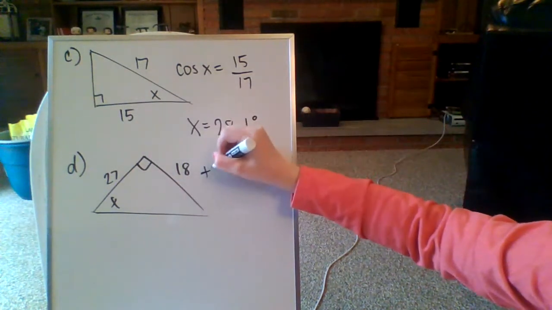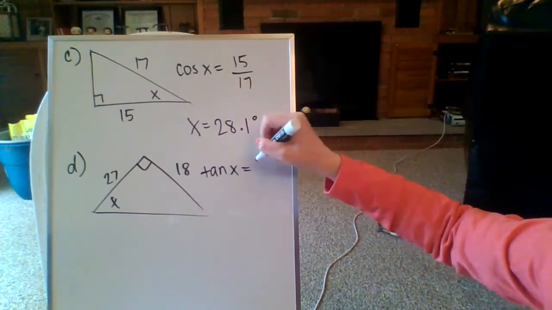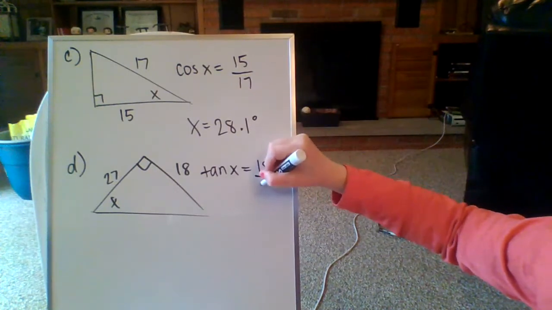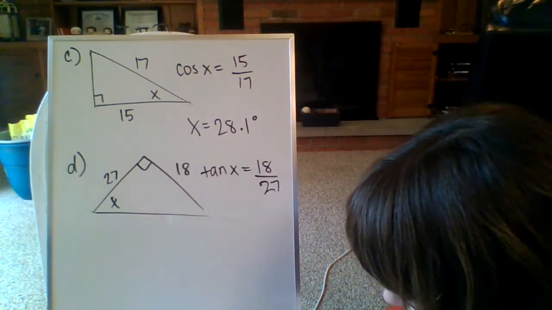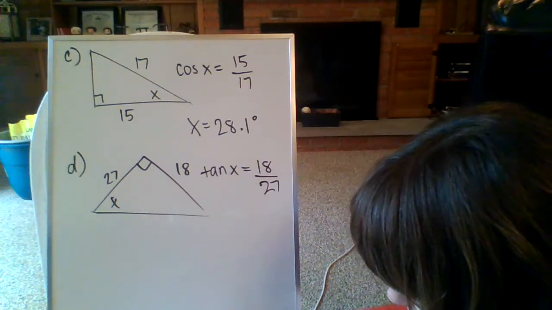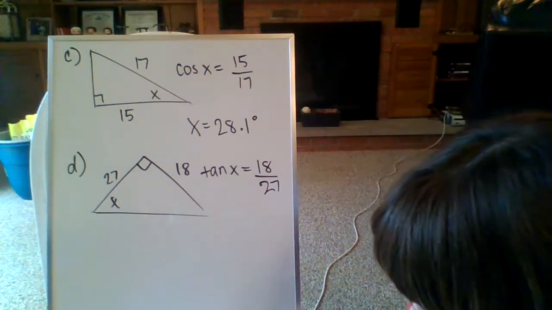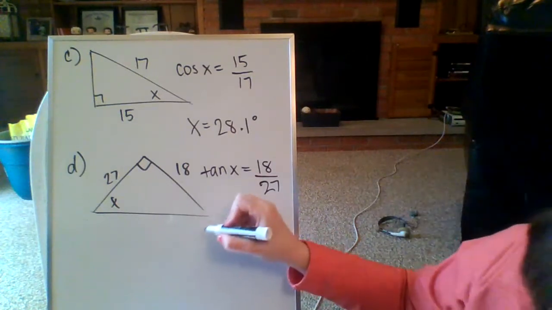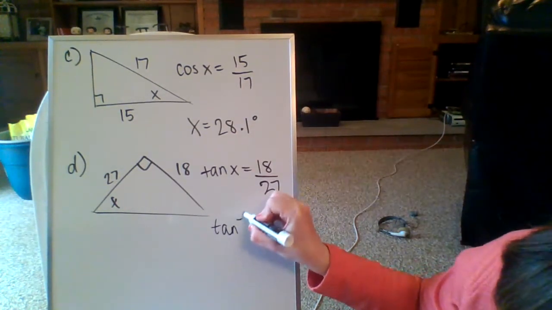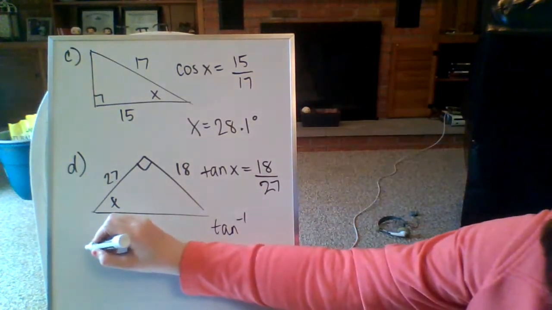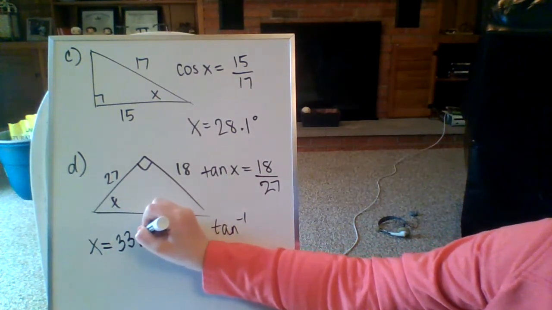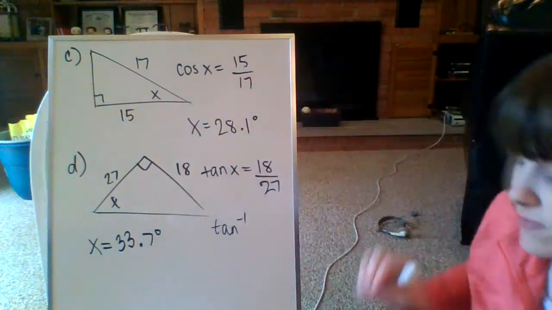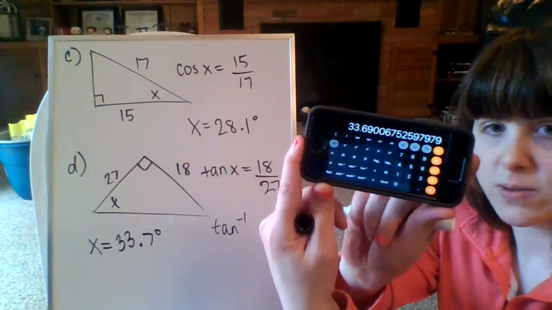So that's tangent X equals 18 over 27. So 18 divided by 27 equals, and then you want tangent inverse. So that'd be the one that looks like this, tangent inverse. And what I got was X equals 33.7 degrees.